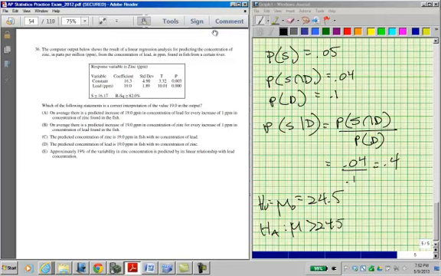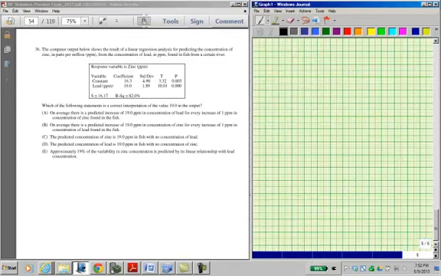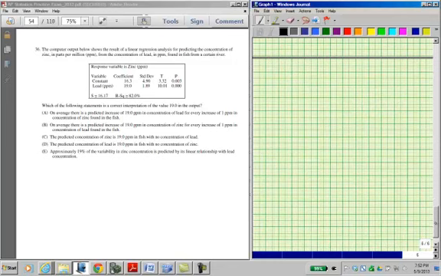Computer, which of the following is a correct interpretation of 19 in the output? Okay, so let's just, for grins and giggles, say estimated zinc hat equals 16.3 plus 19 times lead, and that's zinc in parts per million and lead in parts per million.